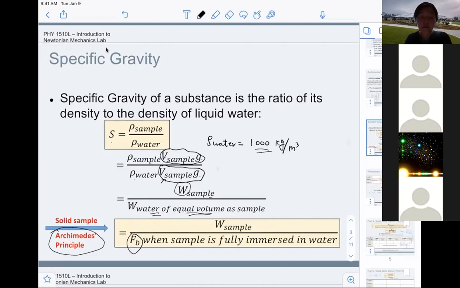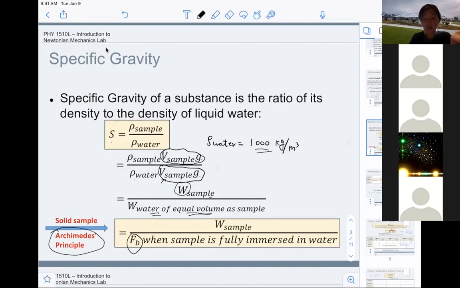Well, we know that if you weigh the object in the air, it's going to give you a reading. And if you put it in water, because the water has lifted it up, if you weigh the object, it's going to give you a smaller reading, right? So we can get the buoyant force indirectly by weighing the object in air and in water, two times.